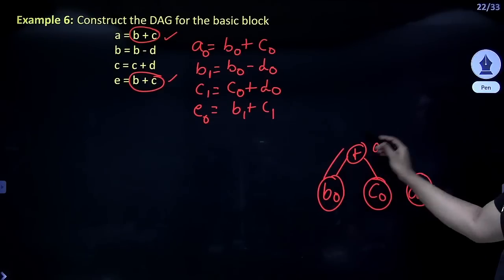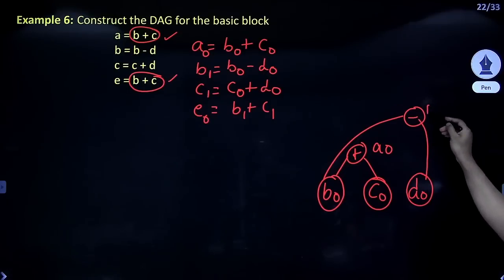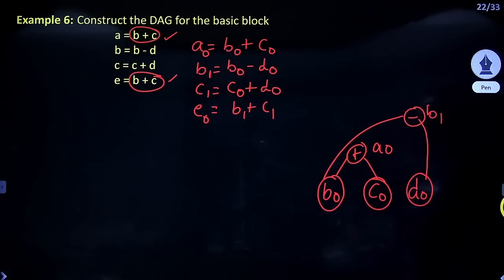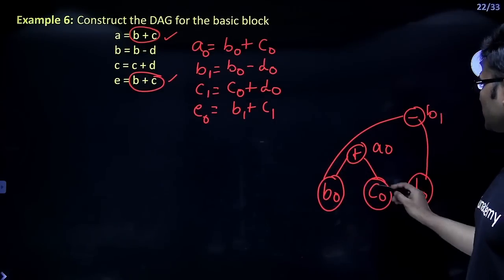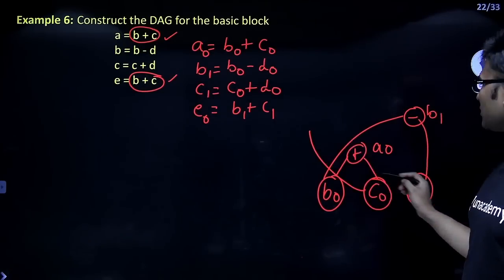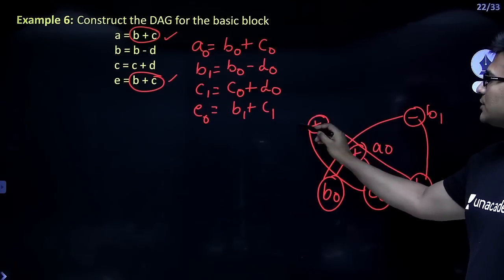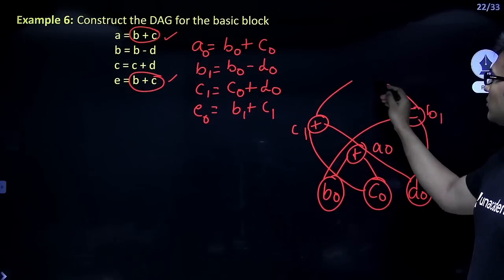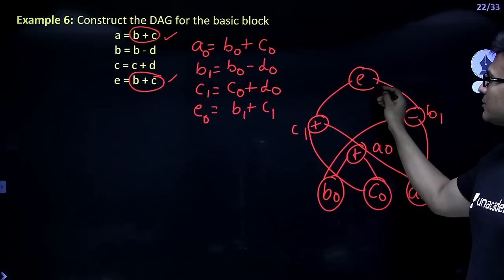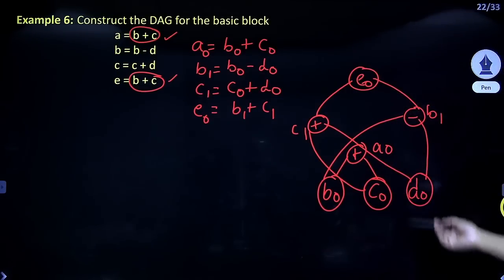B naught minus D naught is equal to B1, right? And C naught plus D naught is equal to C1, and now E naught is B1 plus C1, right? So this is the DAG.